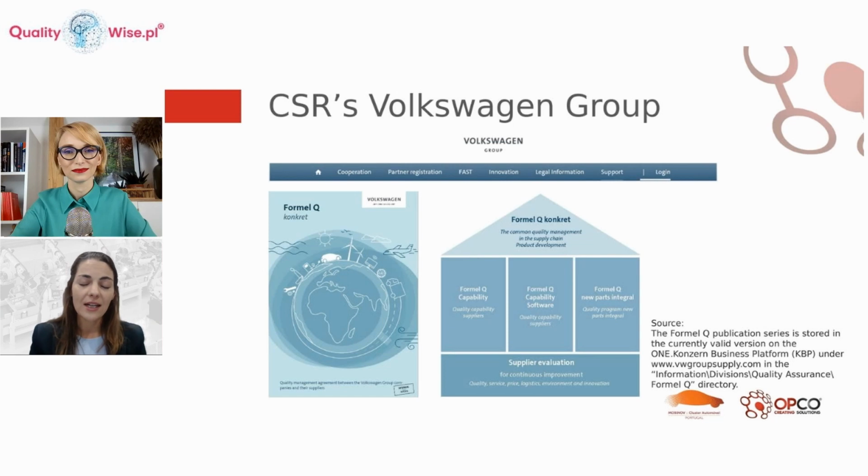At the bottom we can see that the base of all these manuals is supplier evaluation: to evaluate the supplier, but also to guarantee that the supplier will fulfill all of those requirements and others that are mentioned here, for example IATF or TISAX or other brand standards that are also mentioned in Formel Q. It's also about how the supplier can be evaluated, and which requirements the quality management system needs to fulfill for the different processes or different steps in the product life cycle.